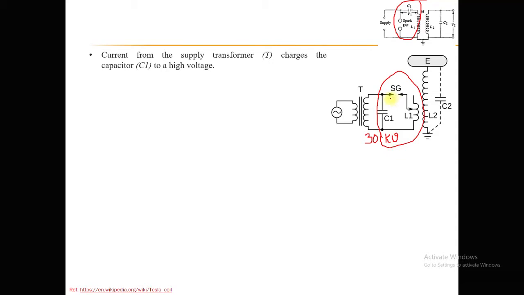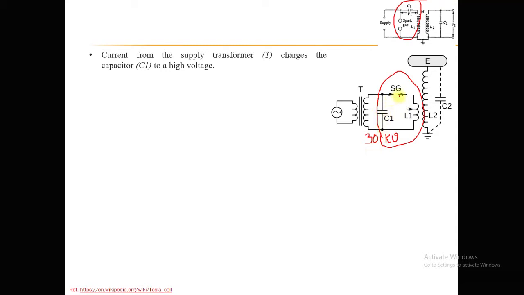So what should be the length of the gap between the two spheres or the rods? It should be somewhat more than 1 centimeter. If I keep the length between the two electrodes of the spark gap somewhat higher than 1 centimeter, then it will allow me to charge this capacitor C1 to 30 kV.